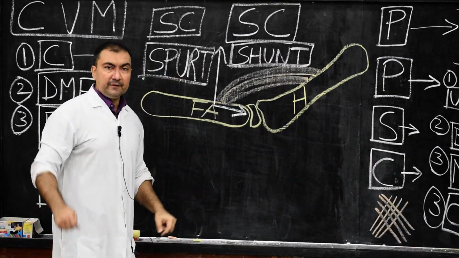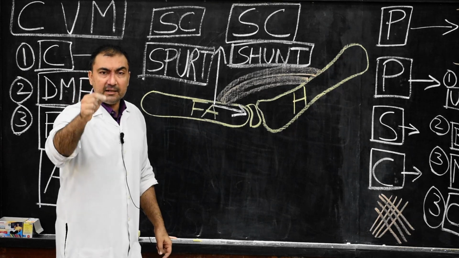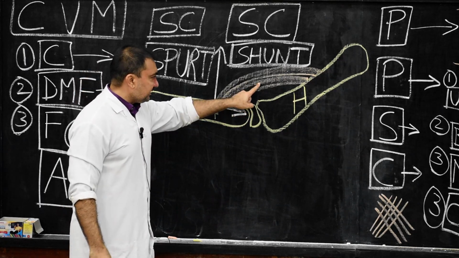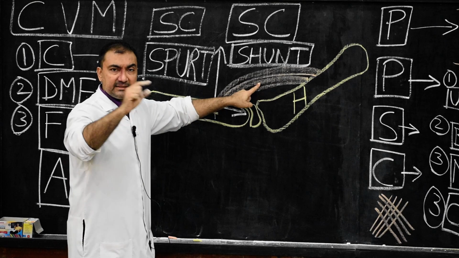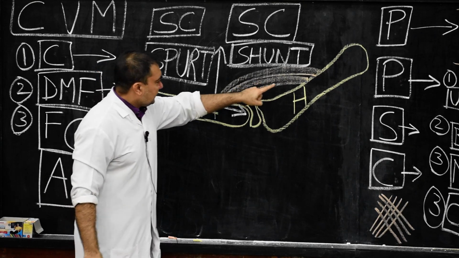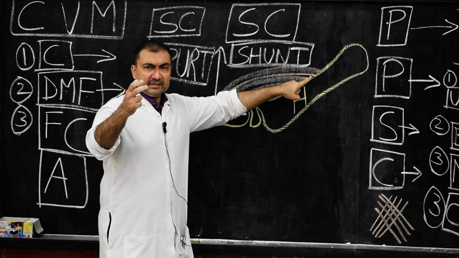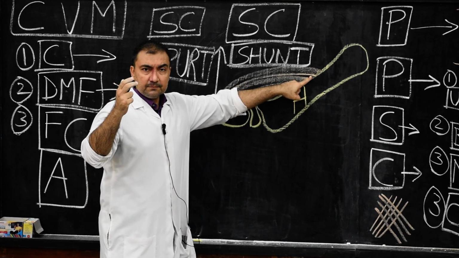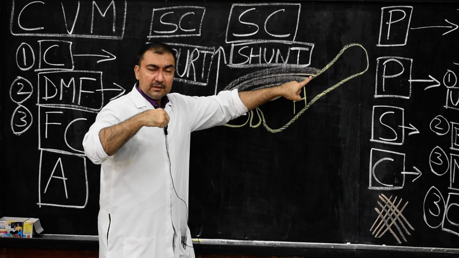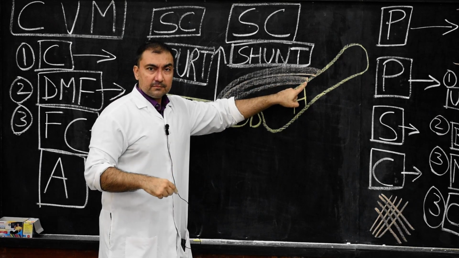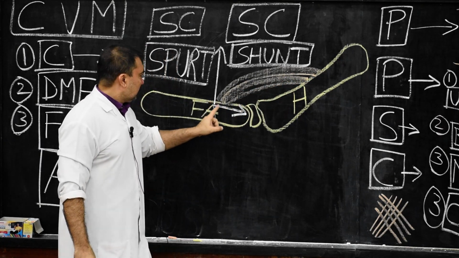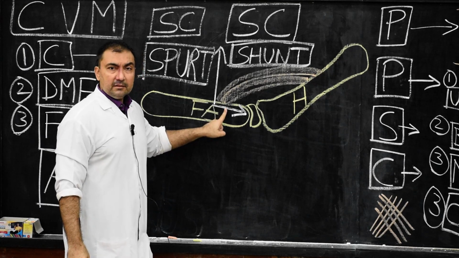An example of a spurt muscle is the brachialis muscle acting on the elbow joint, in which the origin, the fixed component, is away from the joint and the insertion is near the joint.